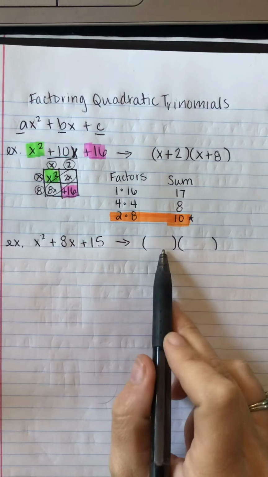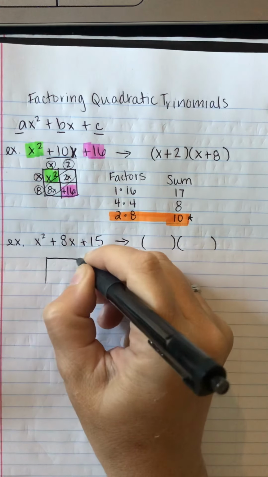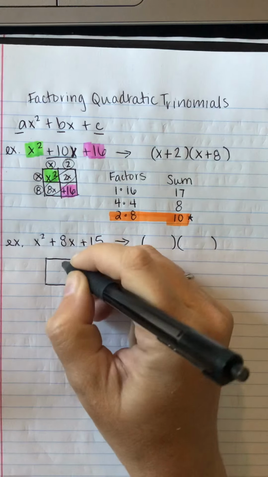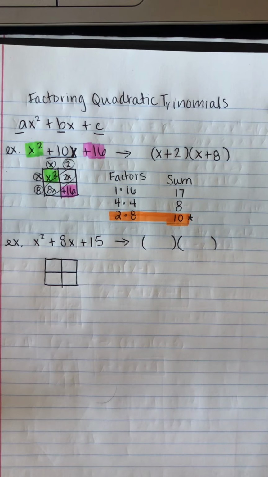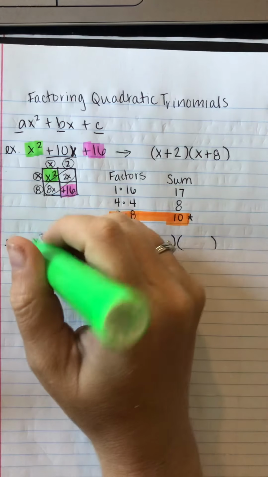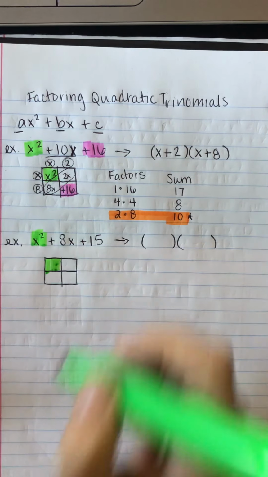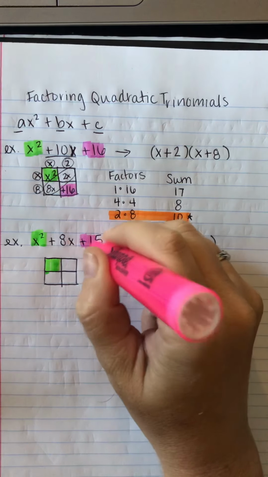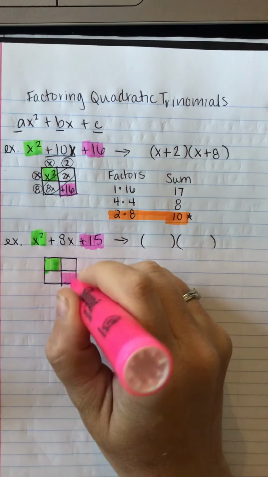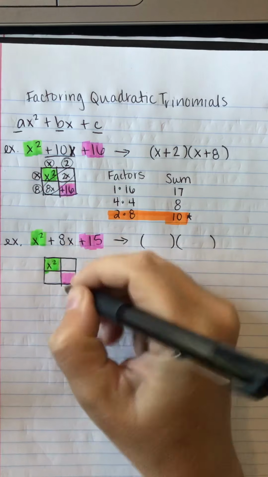So we're going to do a 2 by 2 box. Remember, we're going to put our first term of the given into this first box right here, and we're going to put our last term of what was given into our last box right there. So x squared, and we have 15.